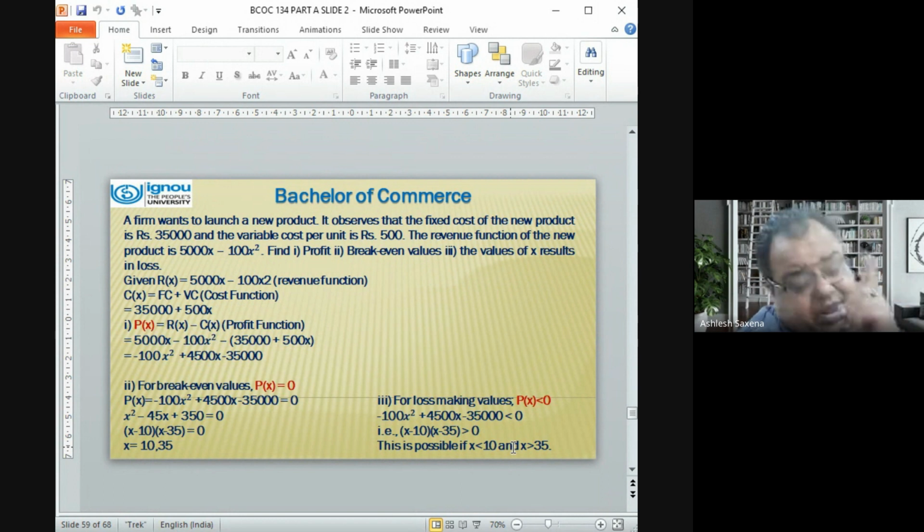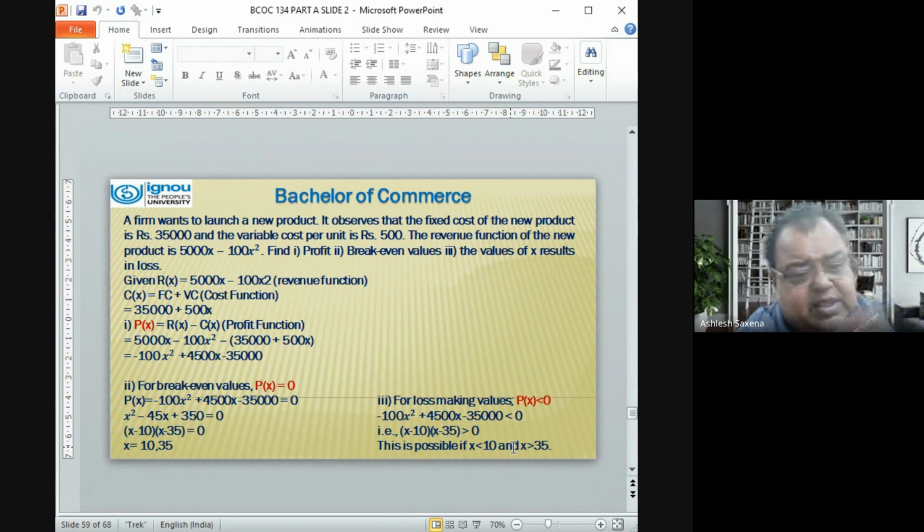For the break-even point, your revenue will be equal to cost, R(x) equals C(x). You will get a quadratic equation. Split the middle term and find the value of x. Keep one thing in mind, your x can never be negative. If you get a negative, neglect it.